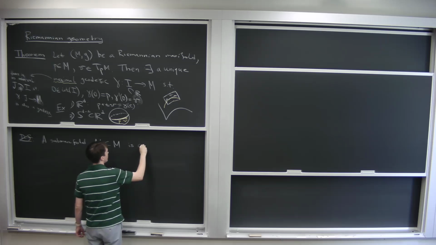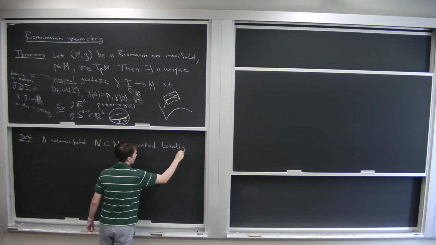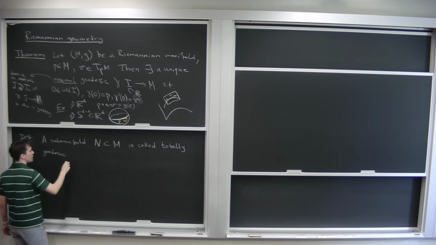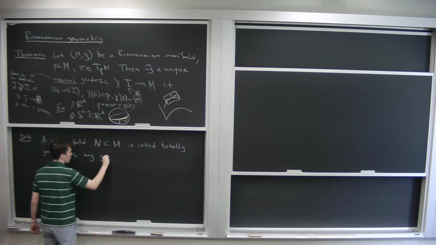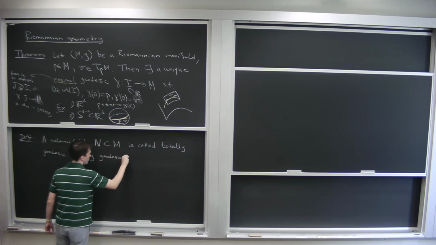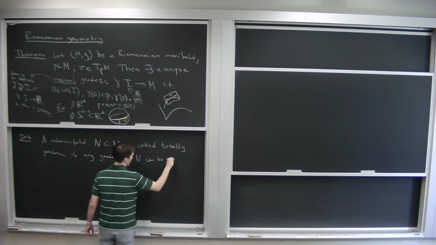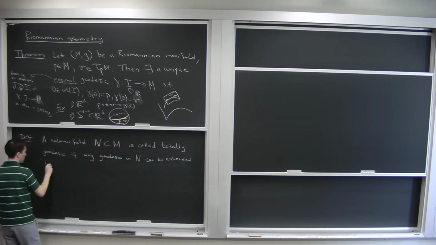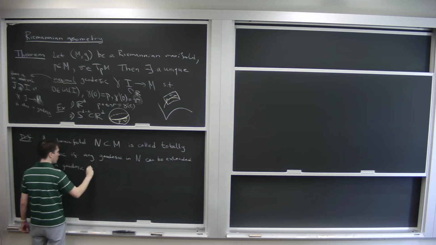So it's called totally geodesic. Sometimes it's said to be a totally geodesic subspace if any geodesic in N can be extended to a geodesic in the ambient manifold M.